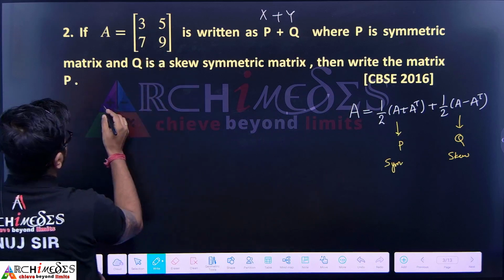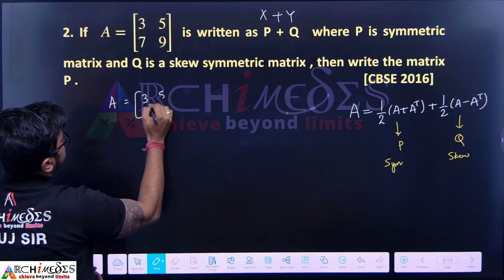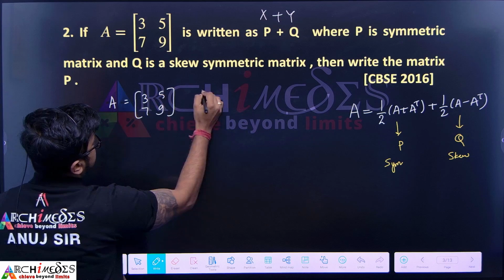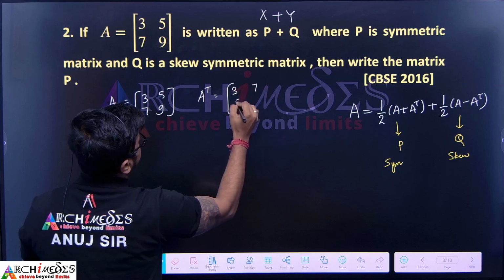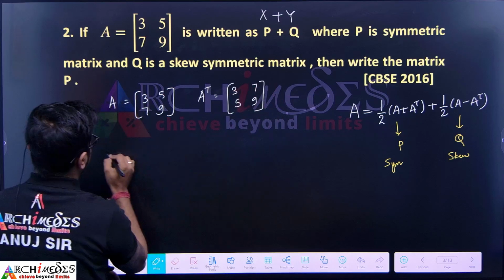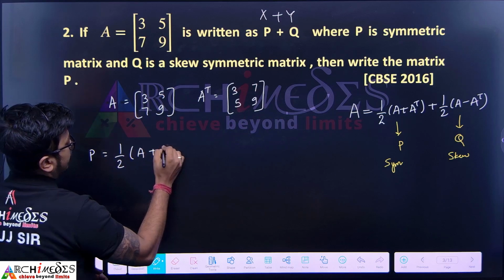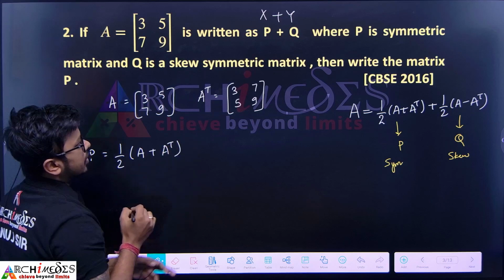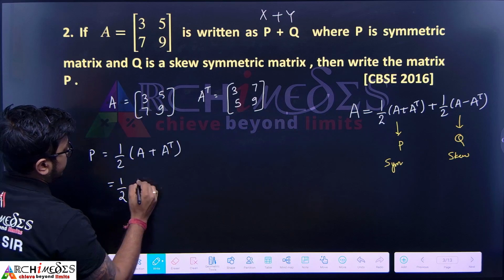Whenever this type of question comes, suppose A is here 3, 5, 7, 9. You have to find out A transpose first. What is the A transpose? 3, 7, 5, 9. So P means half into A plus A transpose. You have to find out this and then write the matrix P. Just add this.